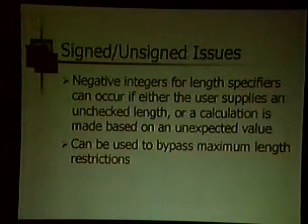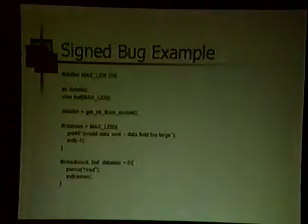But basically, we've got an example here of a sign bug. You've probably seen these a little bit recently on Bugtraq and that kind of thing. They're useful, as I said in the previous slide, for evading maximum length checks and stuff like that. The best way I could think of was to show some example code, which you've got there.